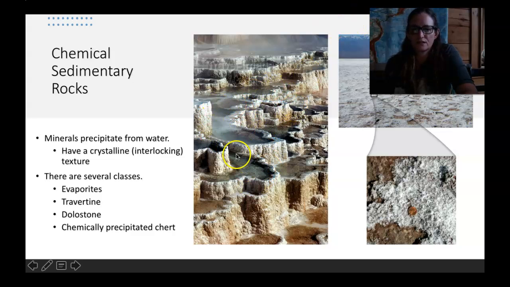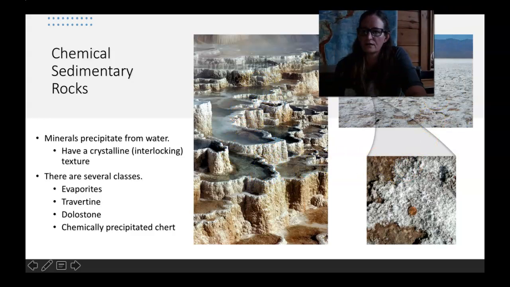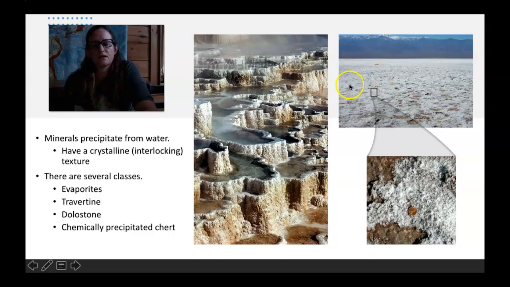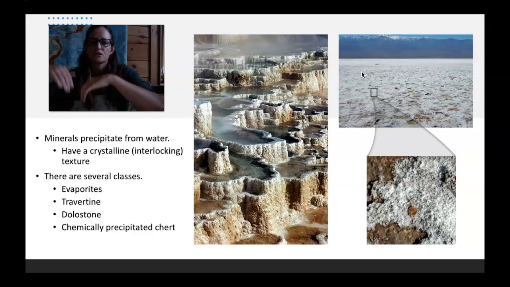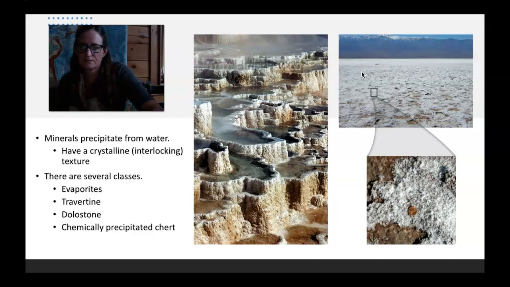This is called travertine at a hot spring. The case over here on the right is like the bottom of, say, Death Valley, where you have a basin, and the only way water gets out of that basin is through evaporation. So over time, those salts that are washed down from the mountains accumulate in that basin.